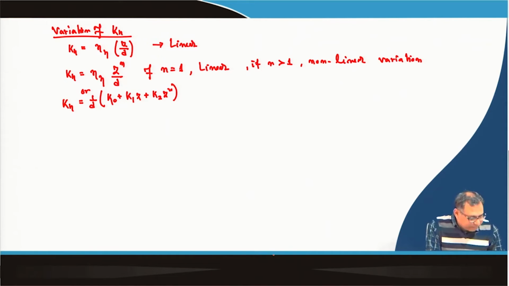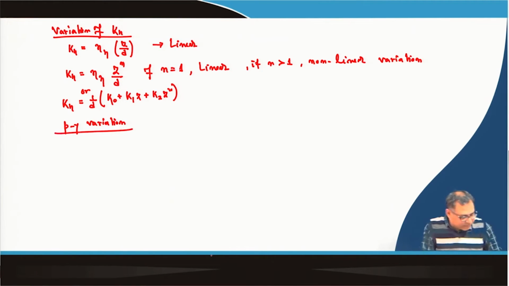Okay. So, then the p-y relationship, that is the stress and deflection relationship, or the p-y variation, where p is the stress and y is the deflection. The linear variation is that p is equal to kh into y. This is the linear variation.